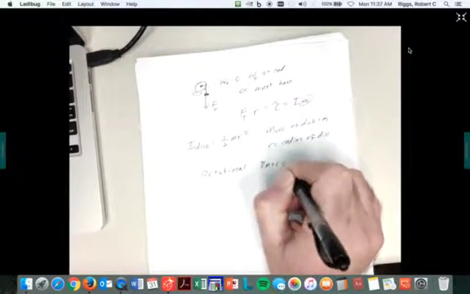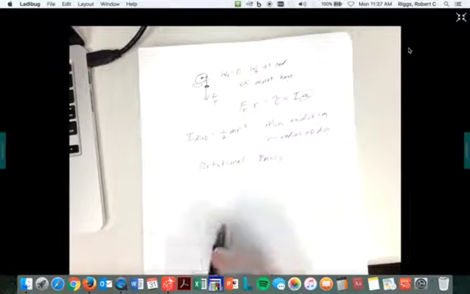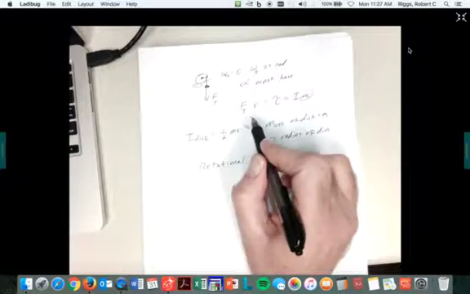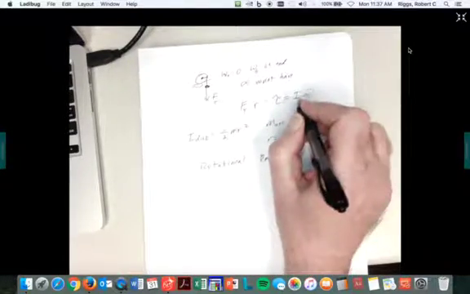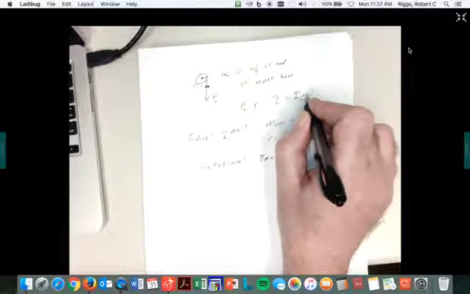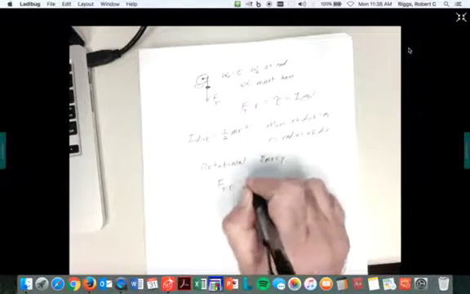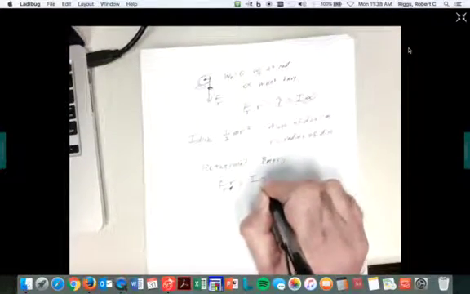Notice we got mR squared, so this force is equal to R times alpha. So we've got this F tangential times R is also equal to I times alpha.